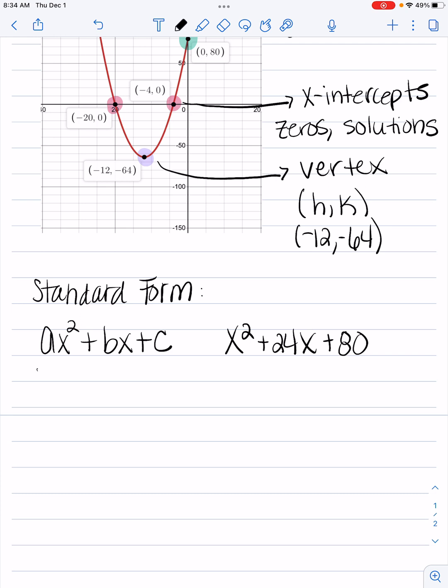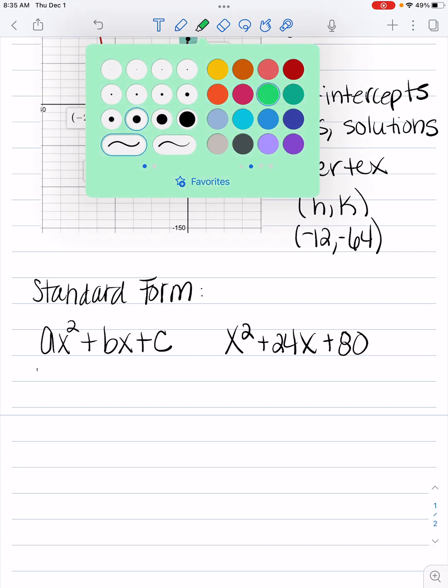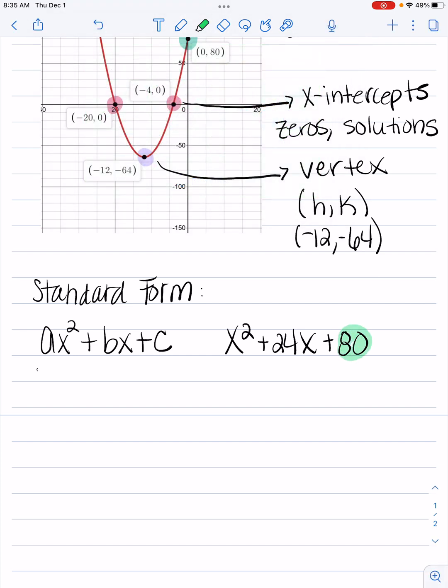When looking at an equation in standard form, there's really only 2 things that we know from this equation, and that is our c value. And remember that our c value is the y-intercept.